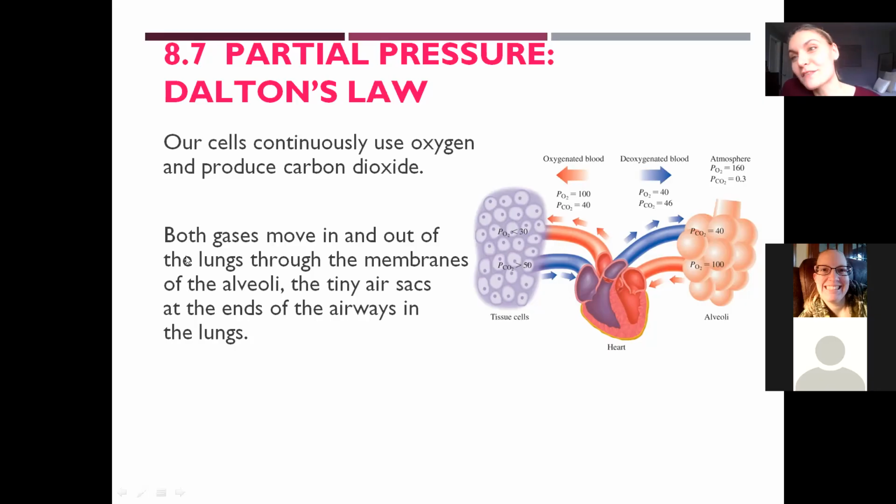Therefore, we can drop off the CO2 to the alveoli and pick up more oxygen. We also have to think about the atmospheric pressure as well. Again, it's not just one pressure, it's multiple gases combined. When we look at the atmospheric pressure of oxygen, it's quite substantial, and it's low on the carbon dioxide aspect.